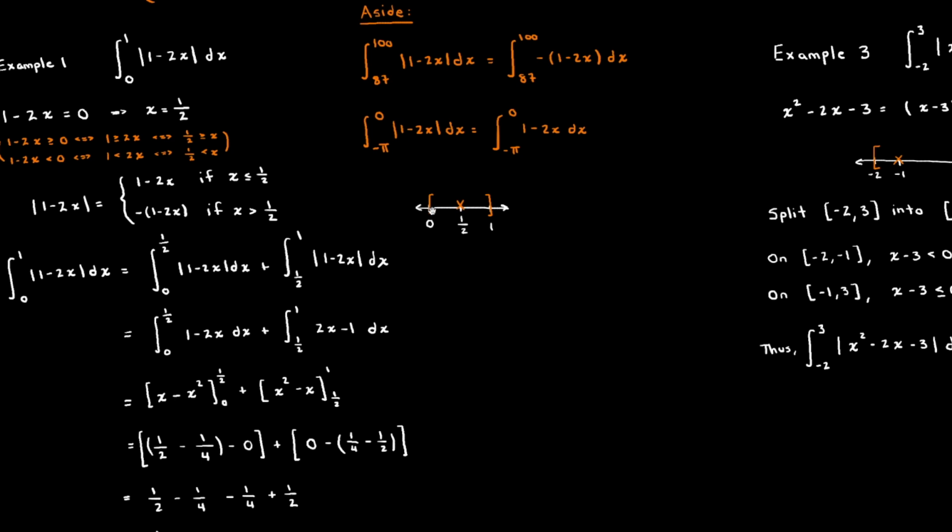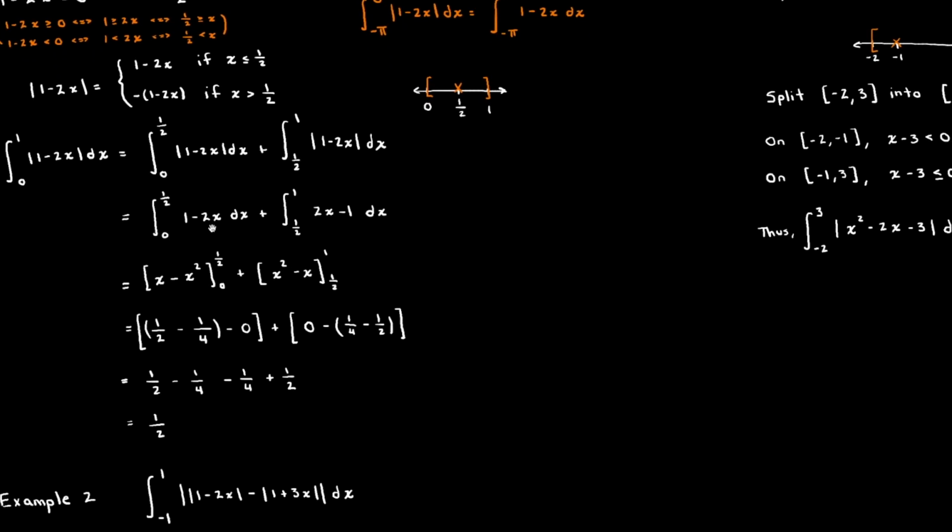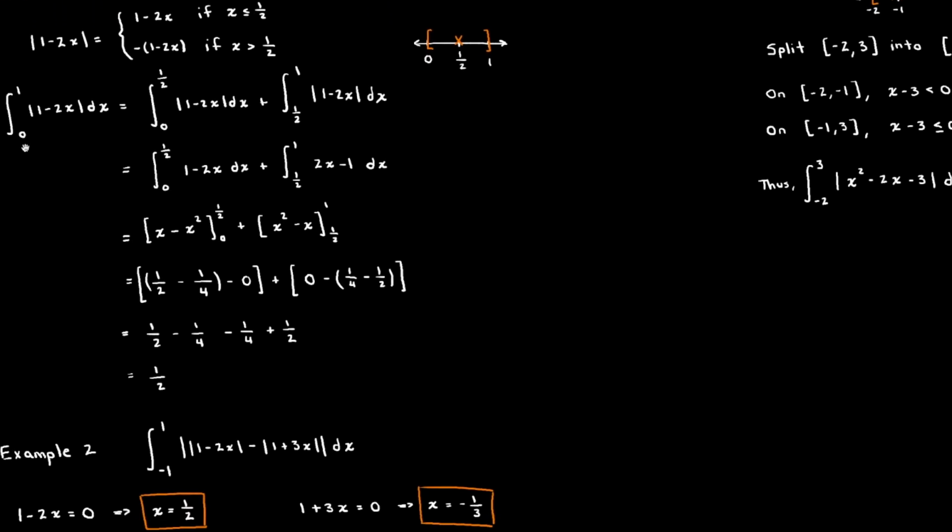We'll do the integral from 0 to 1/2, and then we'll add on the integral from 1/2 to 1. And on each of these two separate subintervals, we can solve no problem just by using the definition of the absolute value.